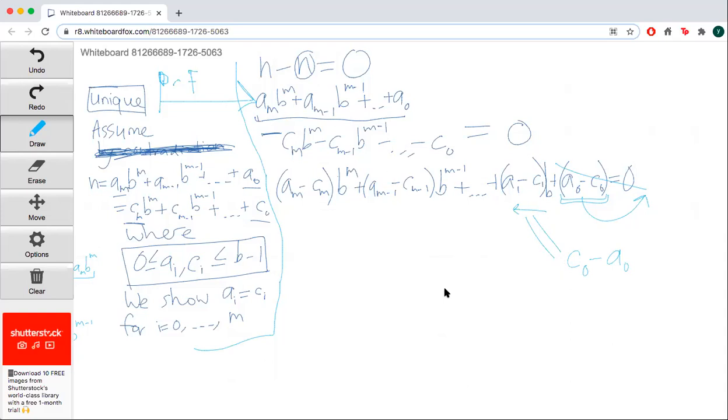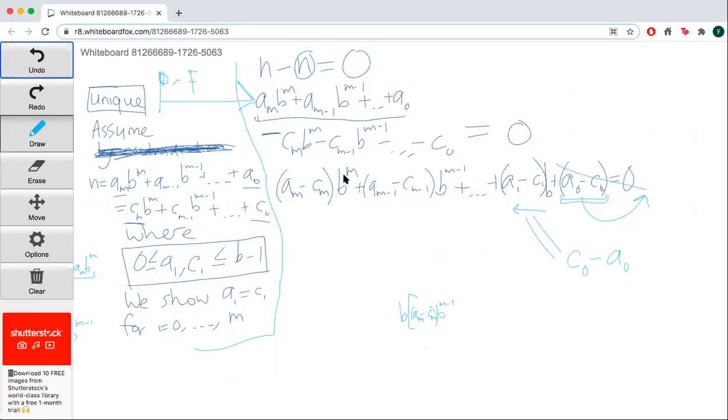Okay, I'm going to factorize out a b from everything on the left. So we can see that everything here has at least one multiple of b. So that means I factorize out the b and I take a b away from each of the b's.